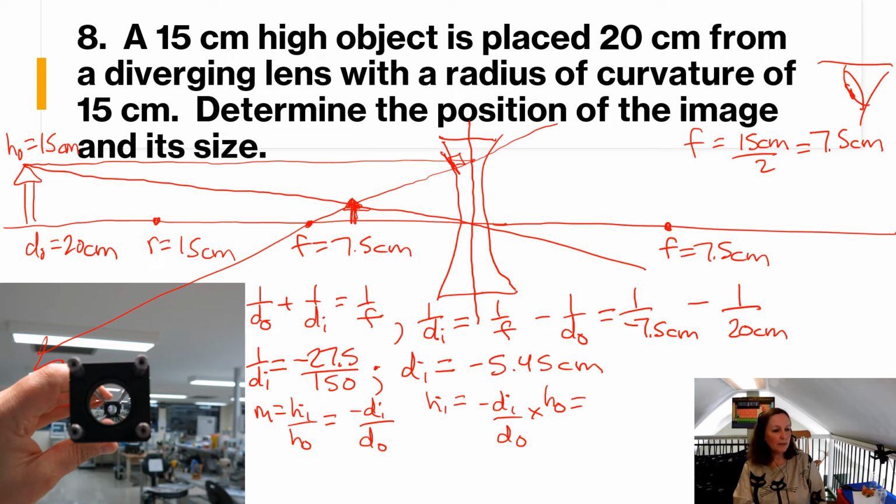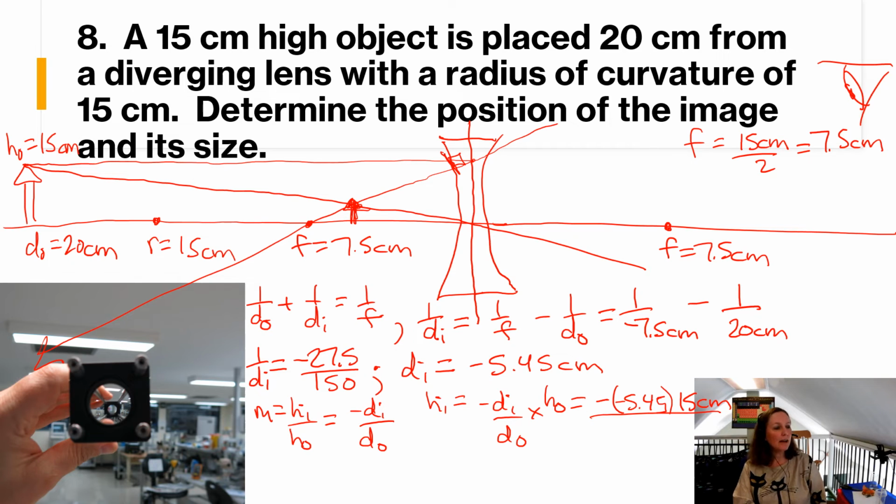And what do we have? Negative distance of image, negative 5.45. And maybe you know that negative times negative gives you a positive, times the height of the object, times 15 centimeters.